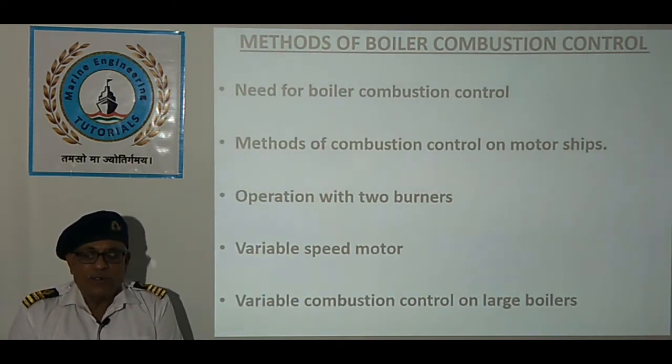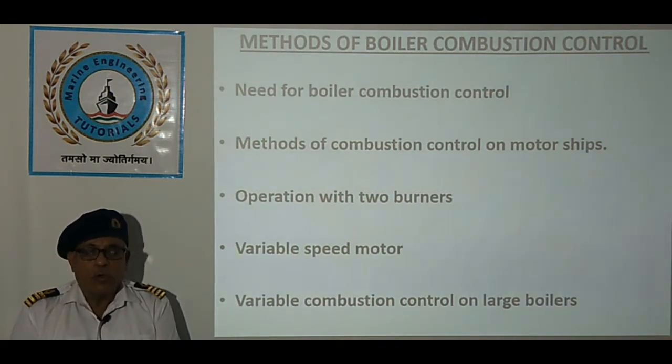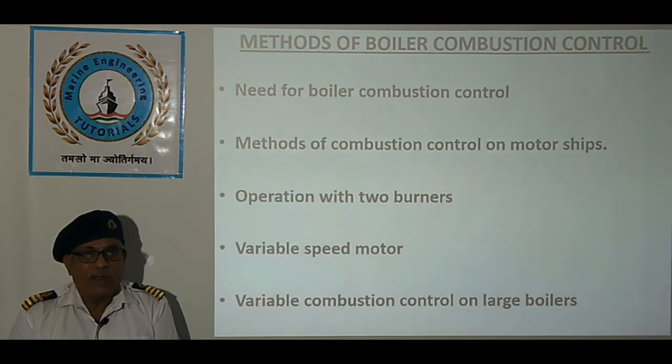The methods discussed above are not suitable for large boilers on steamships or on conventional oil tankers because load variation can be very large and quick response is required for maintaining adequate combustion during sudden load variation.